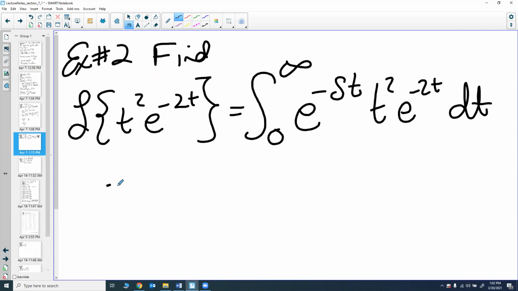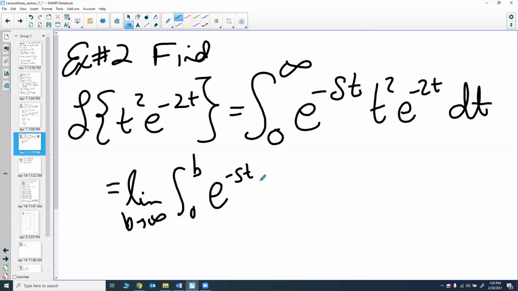Again, make sure that you write this improper integral as the limit as b goes to infinity of the integral from 0 to b of e to the minus st t squared e to the minus 2t dt. Don't forget this step, because you've got to do this integral and then take the limit.